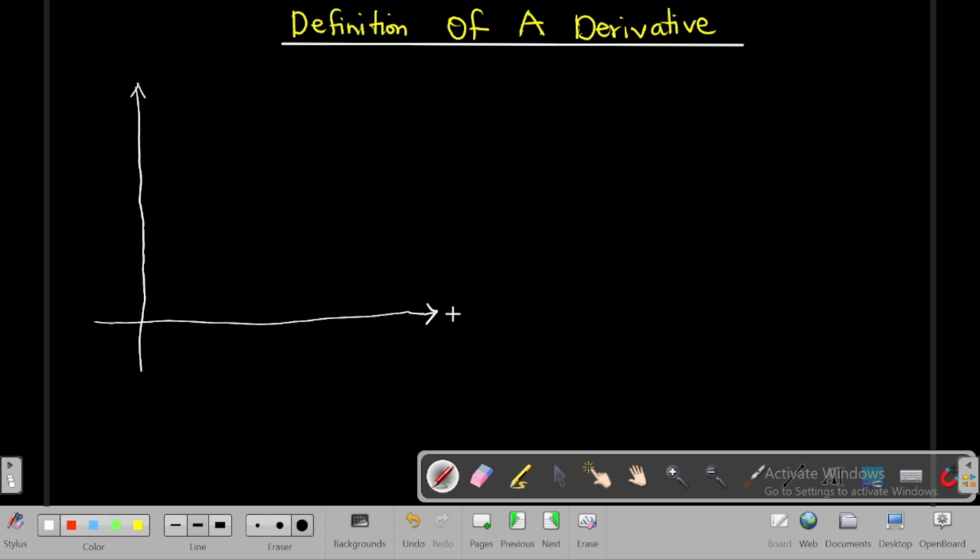You know that this is our x-axis and this is our y-axis. Now let's say we have a curve of this format, like this, and our curve is y is equal to f of x. That's the function of our curve.